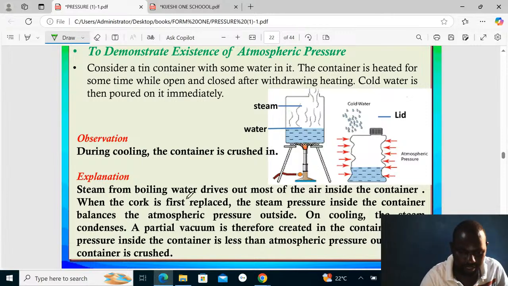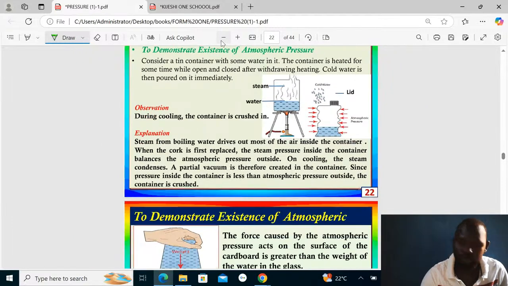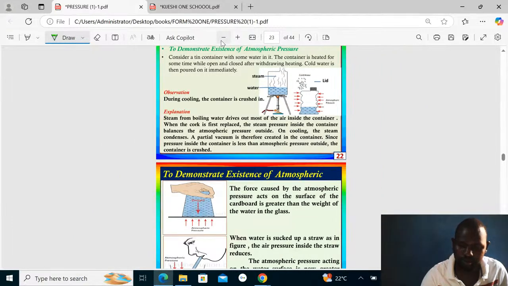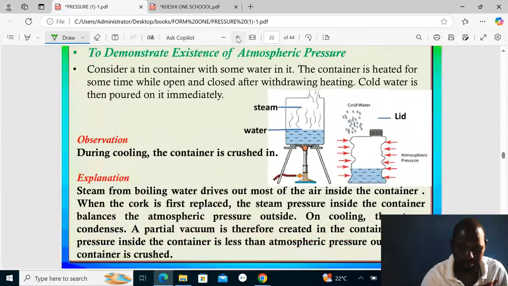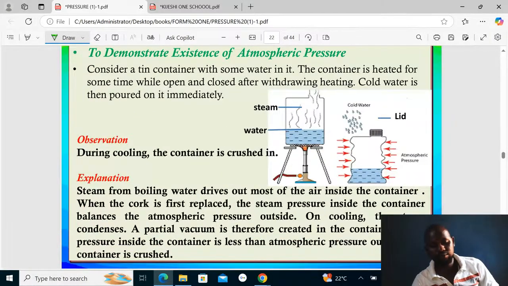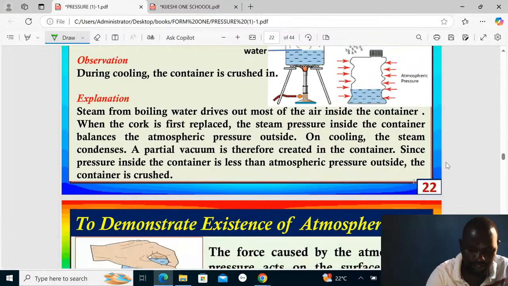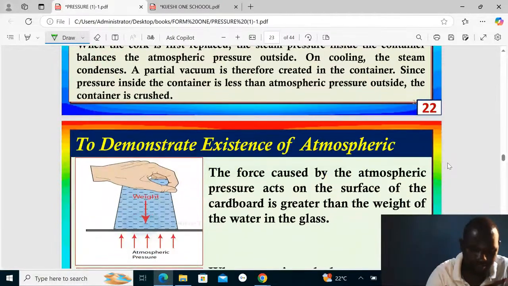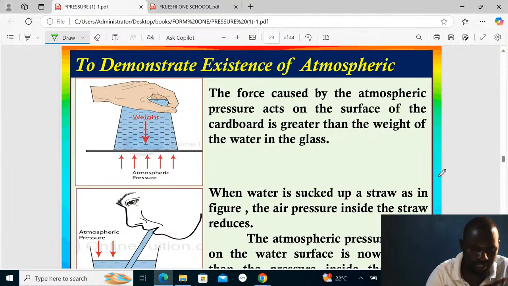Let me try now. I think now it can clearly be seen. Then now we can continue. We still have to look at some more things that exist to show that we have pressure, which is called atmospheric pressure.